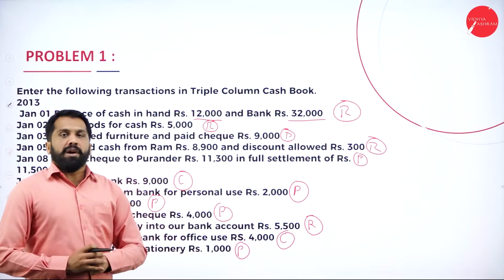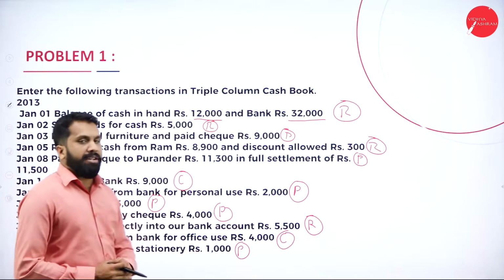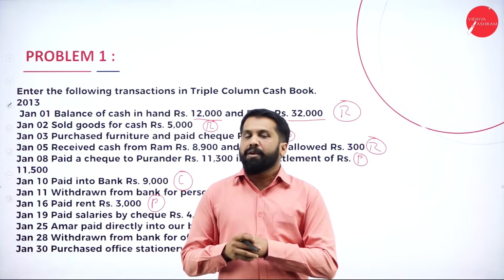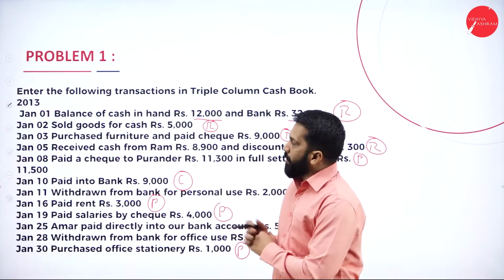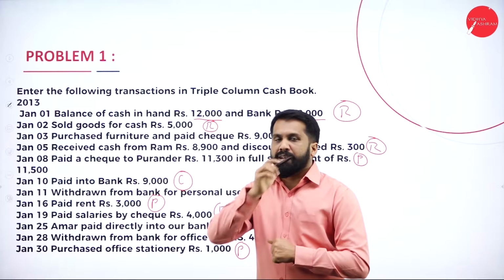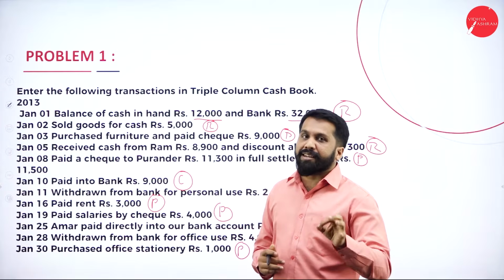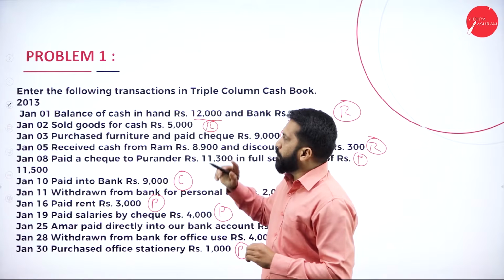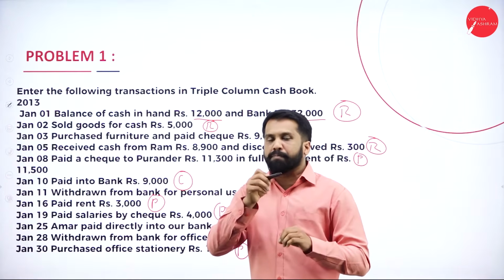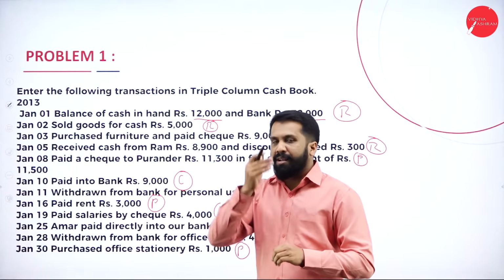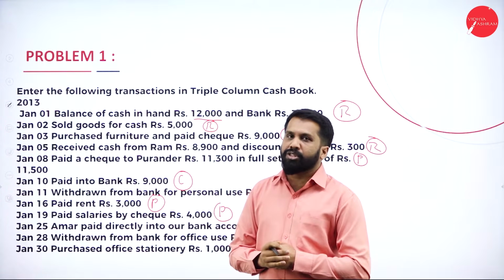Now, your question is, sir, in the examination, we are not supposed to write anything on the question paper. What to do? In your answer sheet, take the last sheet. The heading, write it as rough note. Now, in the rough note, question number 1, January 1st, payment. January 2nd, receipt. January 3rd, it is a payment. Like this, you can mention.